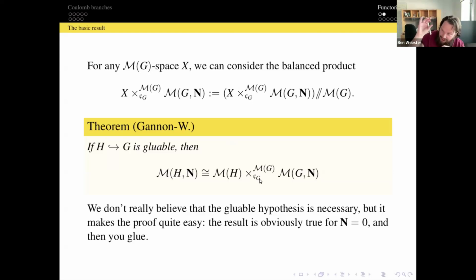MH has an action of MG on it. You can even think of it as a homomorphism of group schemes. So what I do is I take the product of these guys, and this product is over the base of the Coulomb branch for G, and I mod out by the diagonal action of MG. So I mean, the way you should think about this is essentially a Hamiltonian reduction. This is basically a moment map condition, and then I'm modding out by this group.